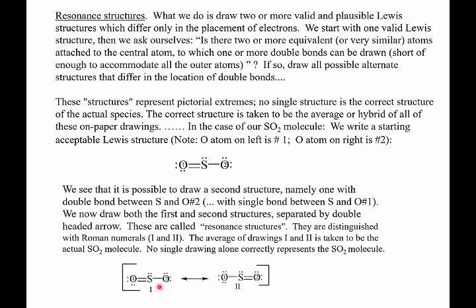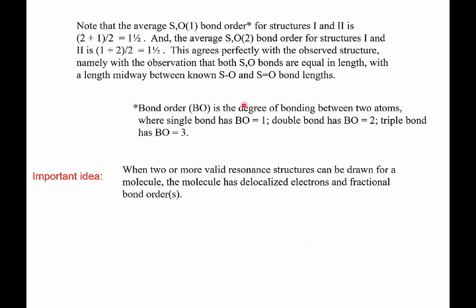In structure 1, the bond between the sulfur and oxygen 1 here is a double bond, bond order 2. In our second resonance structure, Roman numeral 2, the bond between oxygen 1 and sulfur is now seen to be a single bond. That would be bond order 1. Well, the average of bond order 1 and bond order 2, we weight them equally, that's 2 plus 1, that's 3 divided by 2 is 1.5.